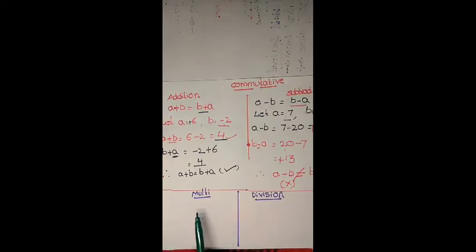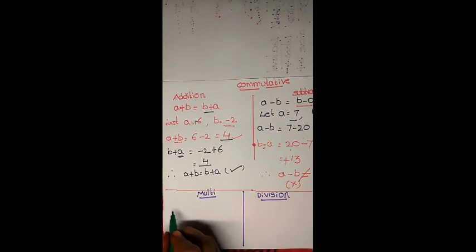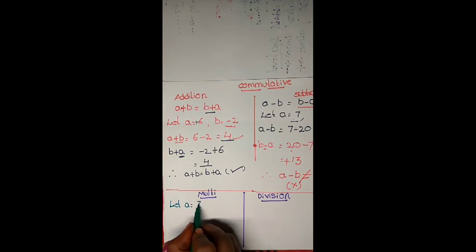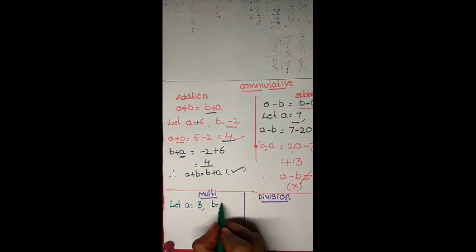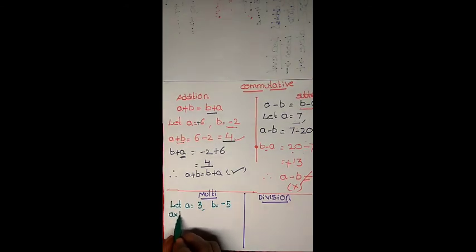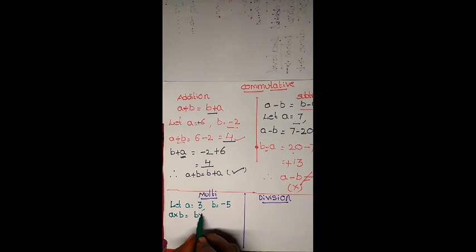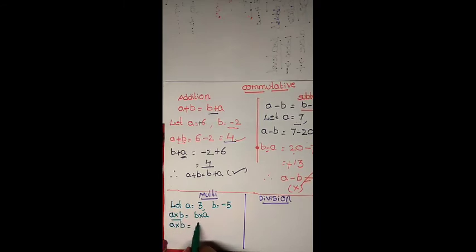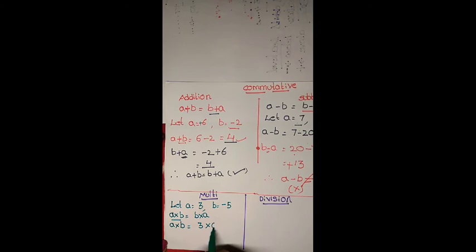Now let us check for multiplication and division. Here also the condition is, if a, b belongs to Z, then a cross b equals b cross a. Now I have taken a as 3 and b as minus 5. Substituting these values in a cross b first, which is 3 into minus 5.